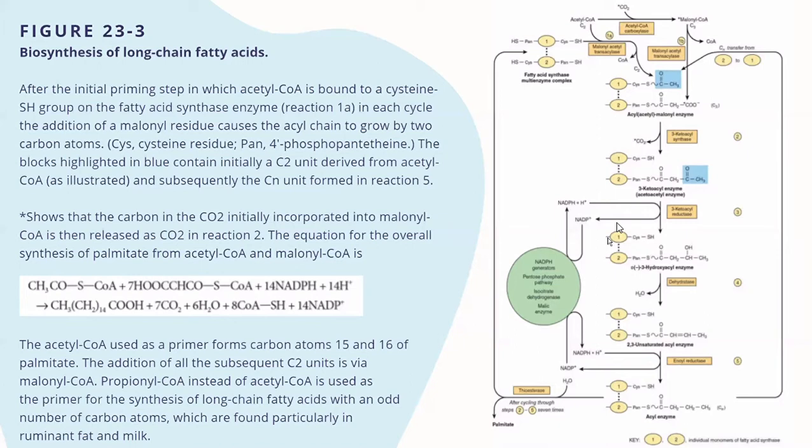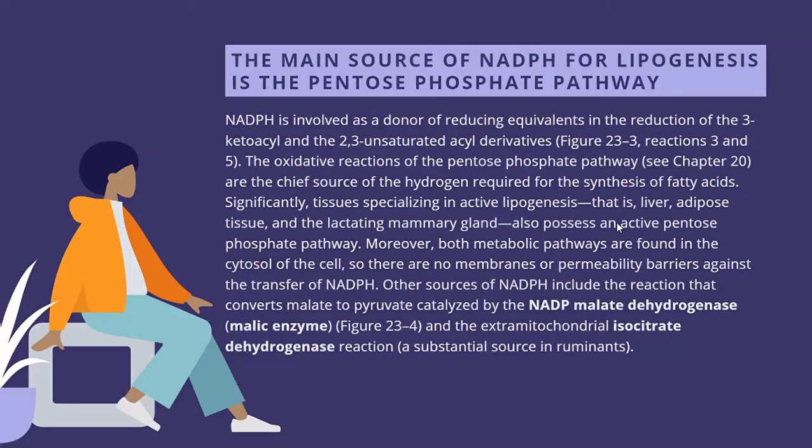So the starting point or the primer there will have carbon 15 and 16. Okay? That is how your synthesis of fatty acid is done. So that's 16 carbons. Palmitic acid.